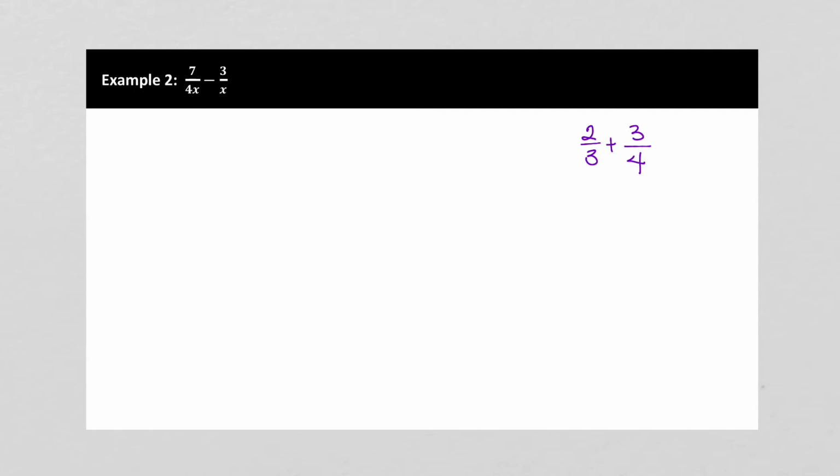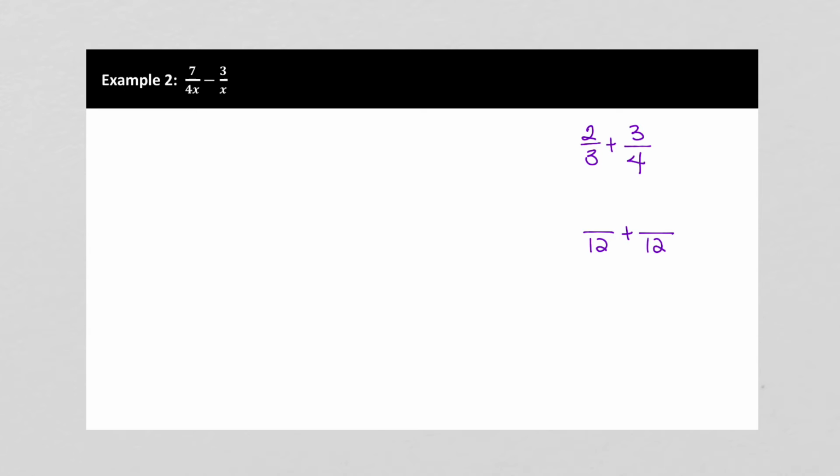Well, it's something that both the denominators, both the bottoms, will go into. And in this case, we could just multiply. A lot of times you could just multiply, except sometimes it's easier to have a smaller number. But multiplying is a safe bet. So if we do 3 times 4, our common denominator would be 12.